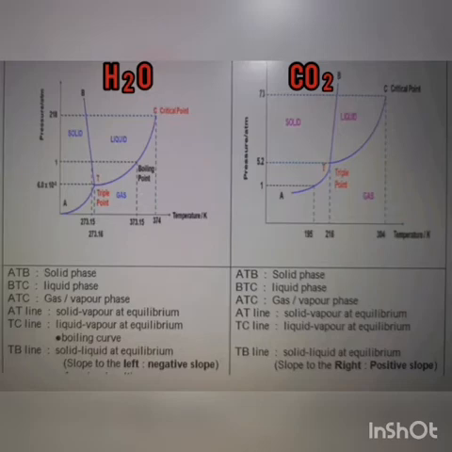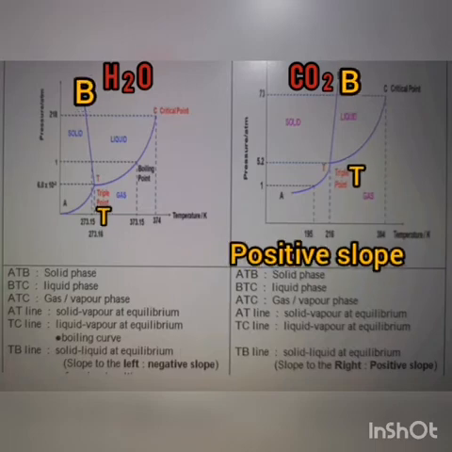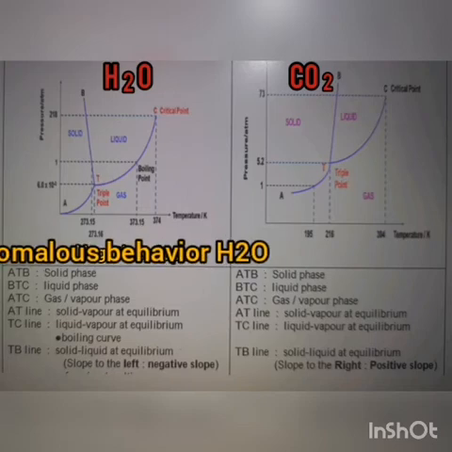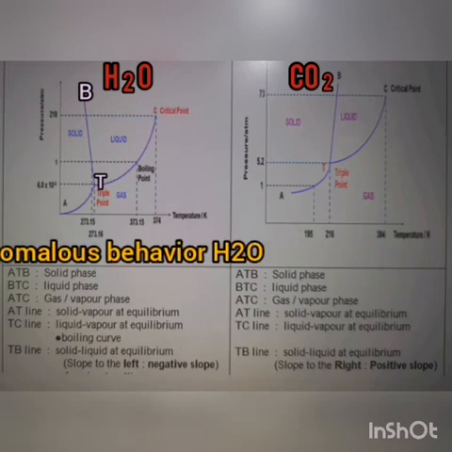In this case, please observe line TB for both. Line TB for CO2 we can call a positive slope. Line TB for H2O we can consider a negative slope, which is what we call the anomalous behavior of H2O in the phase diagram of water.